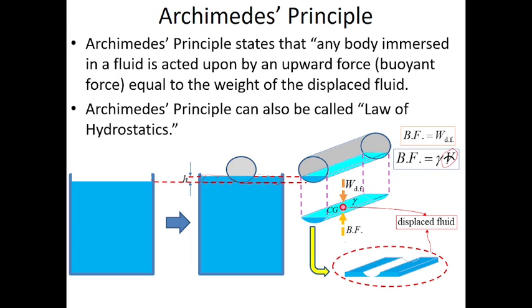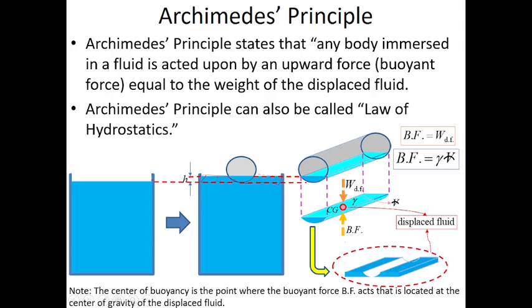So, considering this buoyant force formula, take note that the center of buoyancy is the point where the buoyant force Bf acts, that is located at the center of gravity of the displaced fluid.